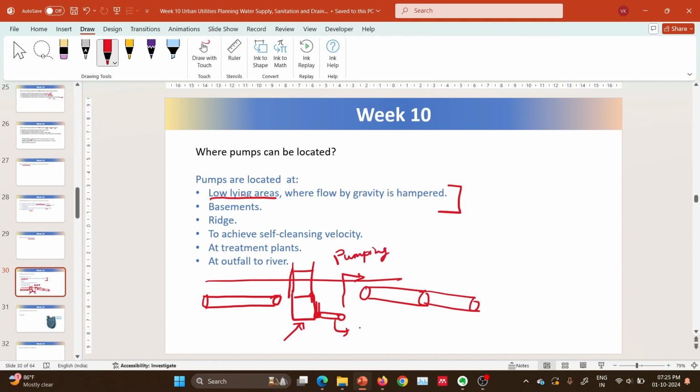So this is the sewer, and this pumping is required. This is the building. Ridge means if a sewer is passing through a ridge, the ridge is this line.